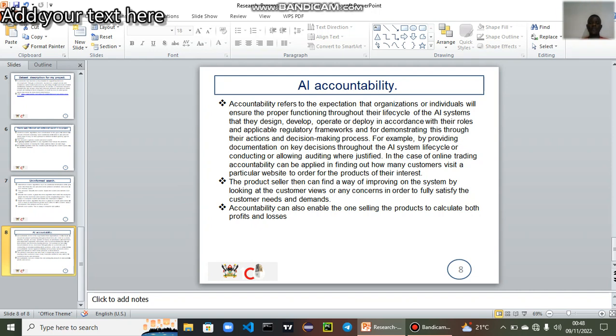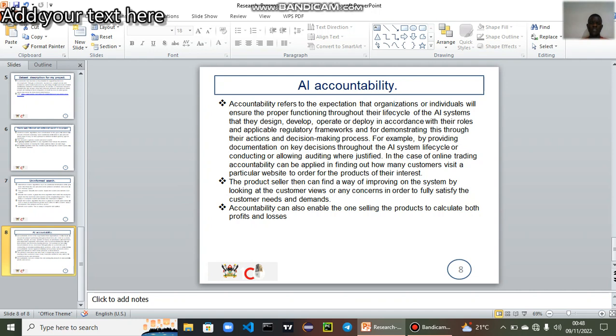Then, according to the views, if customers are allowed to give their views after making their orders, the challenges they face, or to comment on the good things they find, the product seller can base on that to improve on where errors are made, or where the system may be down, or to improve the quality of the products. Accountability can also enable the one selling the products to calculate both the profits and losses based on how many people have ordered particular products in a given day.